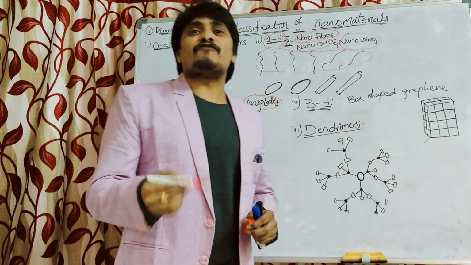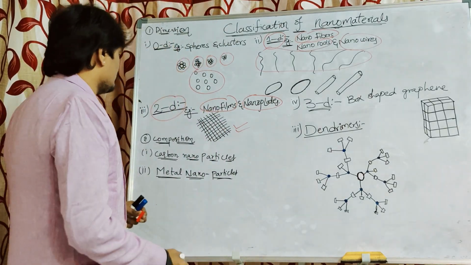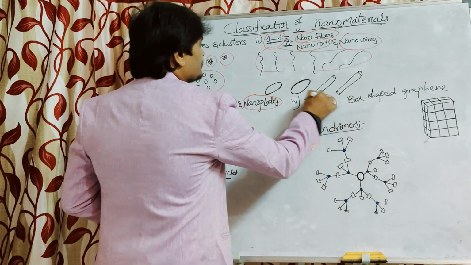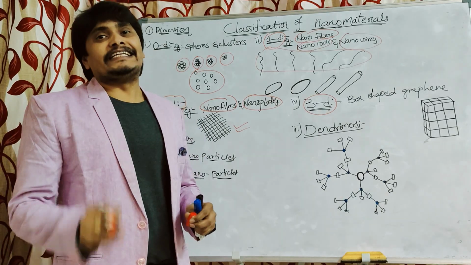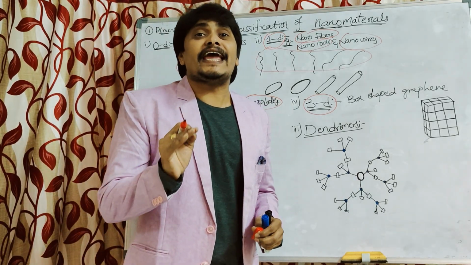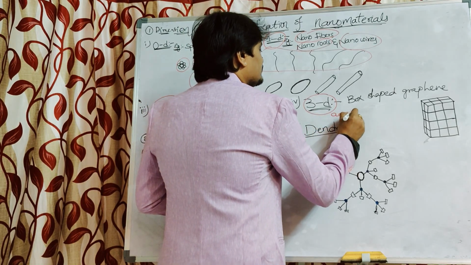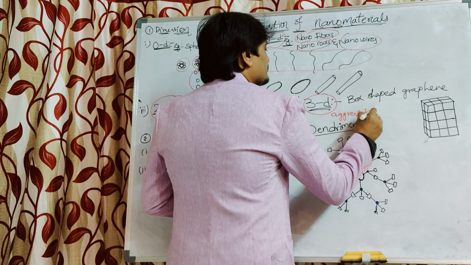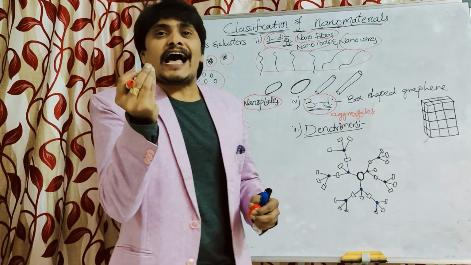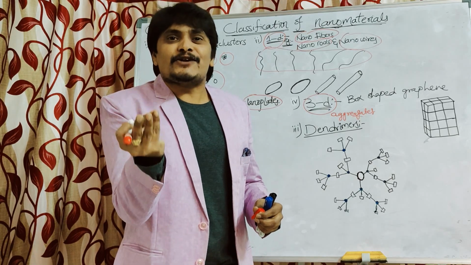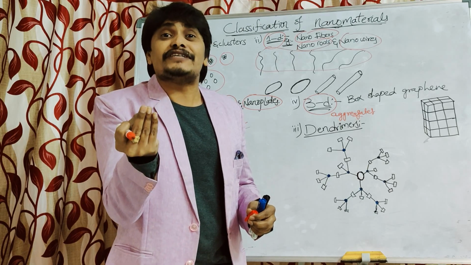Now, what is the next class of nanomaterials based upon the dimension? Three-dimensional nanomaterials. Three-dimensional nanomaterials are aggregates. Aggregates means combinations: aggregates of zero-dimensional, one-dimensional, or two-dimensional nanomaterials.